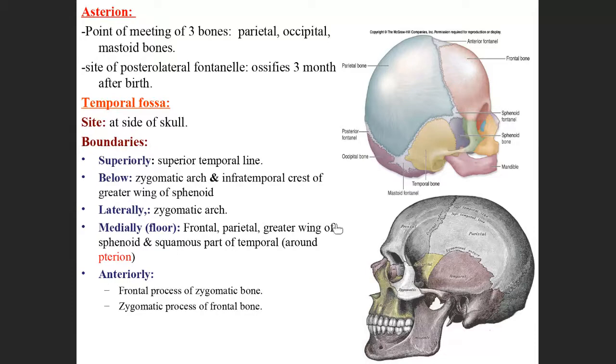Okay. So it is clear now how the temporal fossa is formed. You should remember all these boundaries and the structures forming them. Okay.